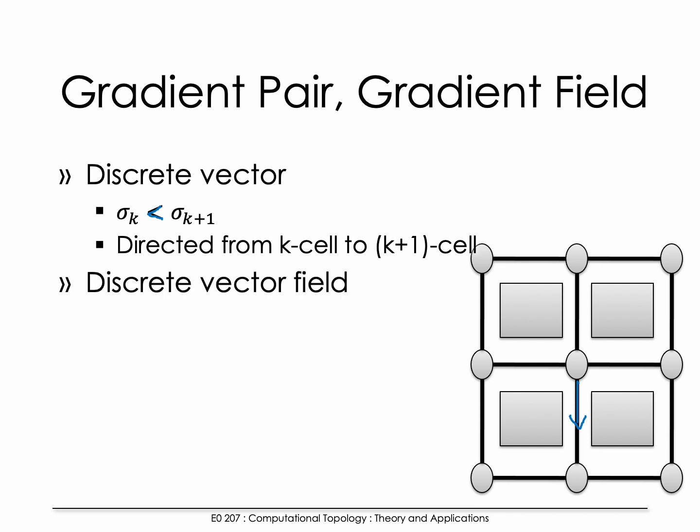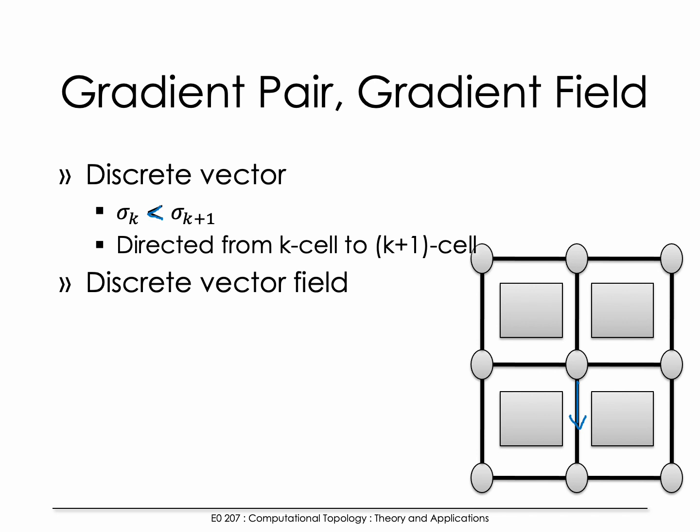A collection of discrete vectors forms a discrete vector field. A discrete vector field satisfies one property, namely that any cell participates in only one pair.